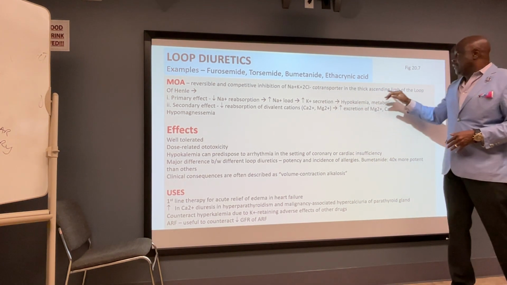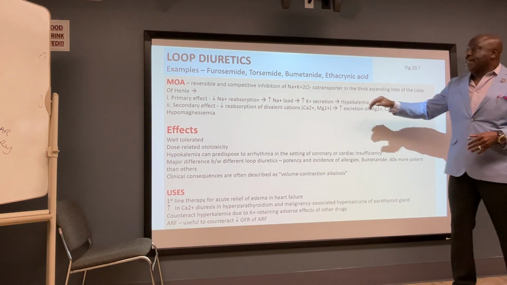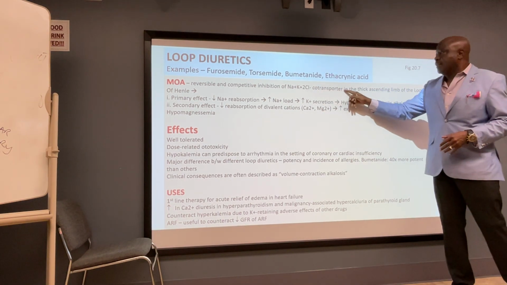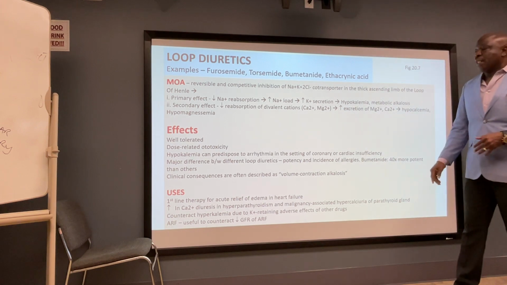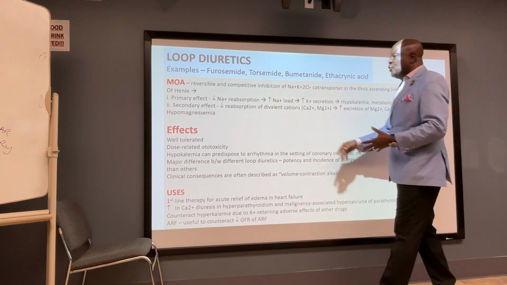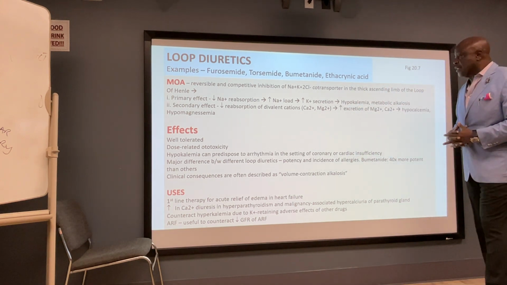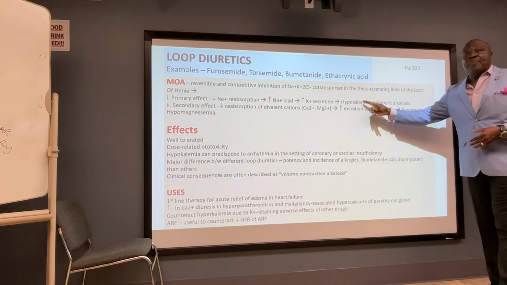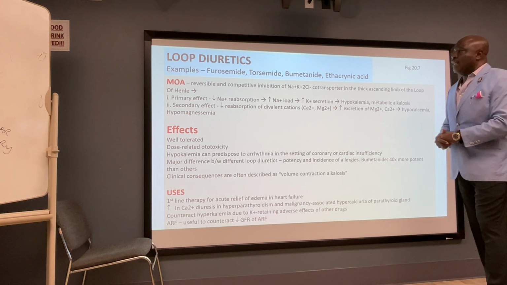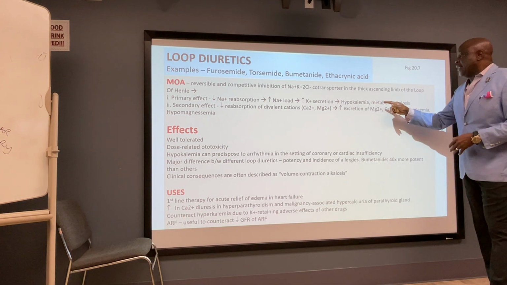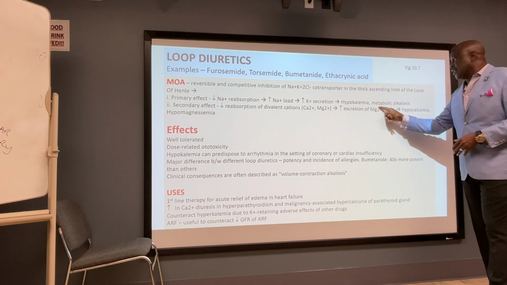These act in the thick ascending limb of the loop of Henle, and they target this transporter. Their primary effect is to reduce sodium reabsorption, and they cause an increase in potassium secretion. They also cause hypokalemia, just like the thiazide diuretics, and they can cause metabolic alkalosis.